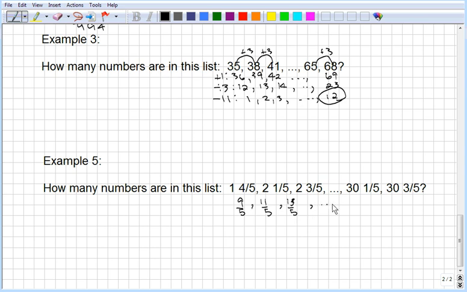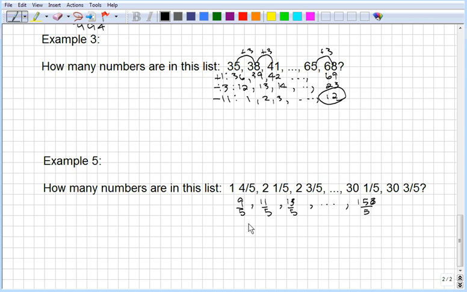And all the way up to, let's see, that's 150 plus 3, oops, sorry, 153 fifths, because we've got to add that 3 to it, right? 153 fifths, okay? So now it's a little easier to see what we're working with, and you can see that we're just adding 2 fifths each time, right?